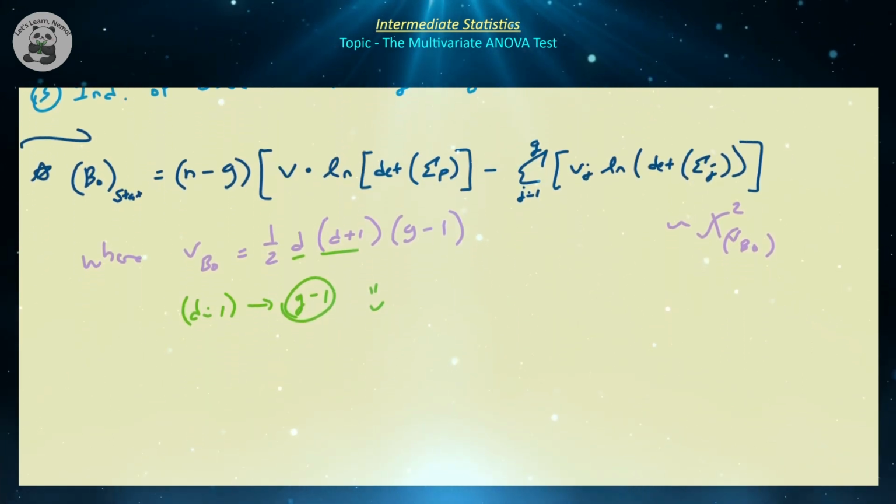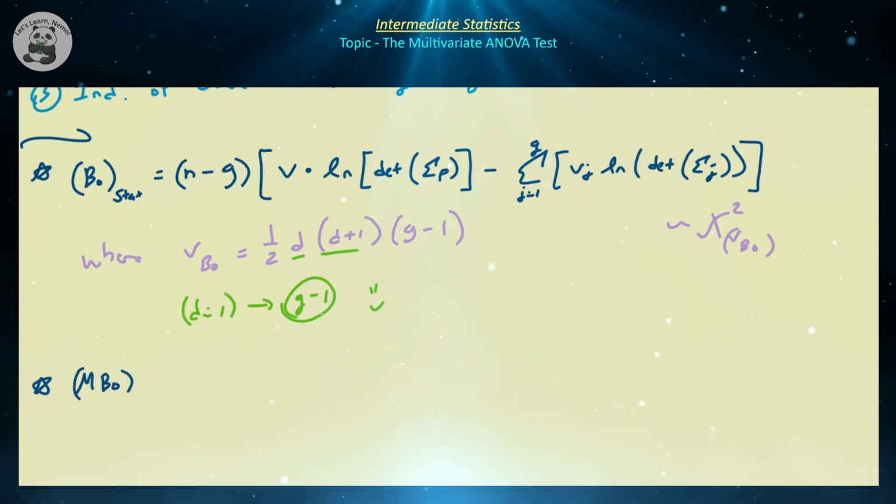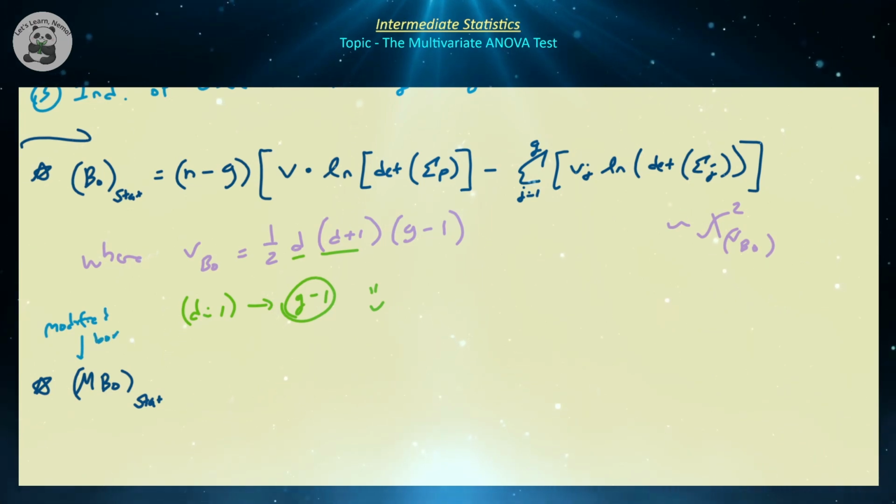Right. Now, there is one slight downside of this box test statistic, especially if you're working in higher dimensions. So there's another test statistic that you might want to use to assess multivariate homoscedasticity, and I'm going to represent this as M_BOX for a modified box test statistic.